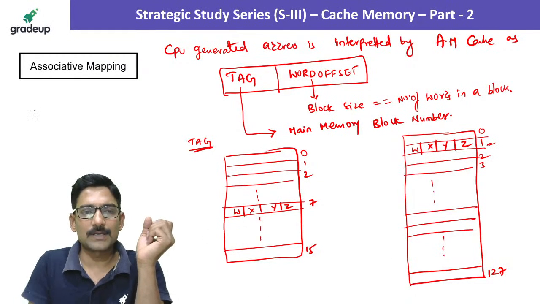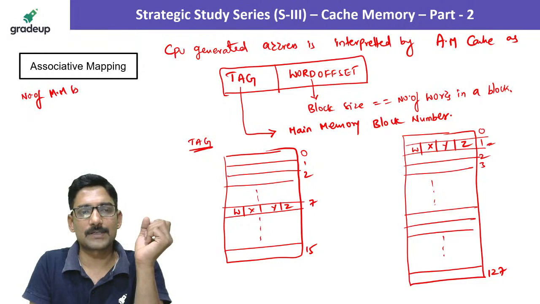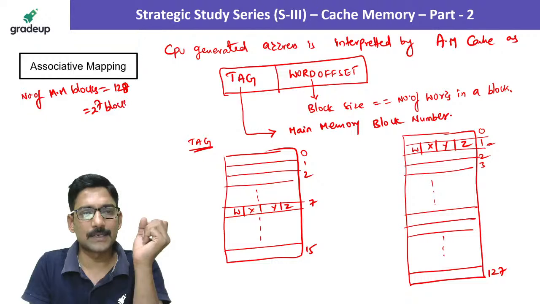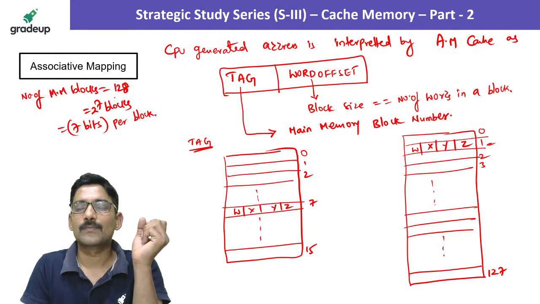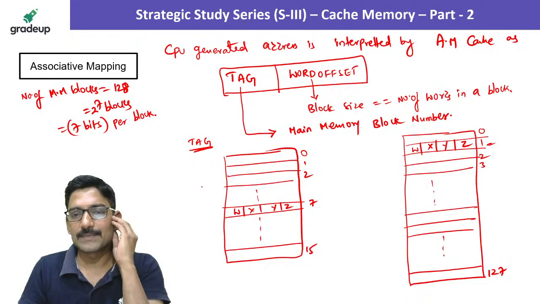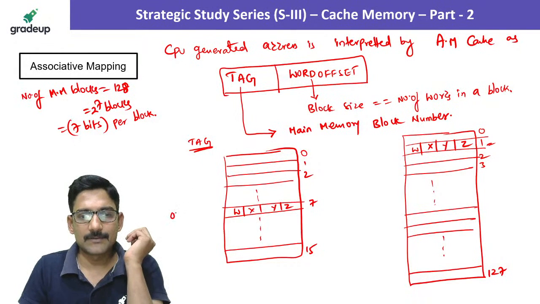How many blocks are in the main memory? 128, that means 2 power 7 blocks are there. So there will be a 7-bit value per block. So this 1 is maintained in the form of 7 bits.